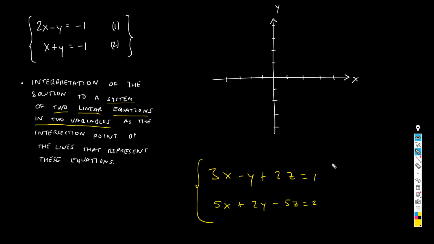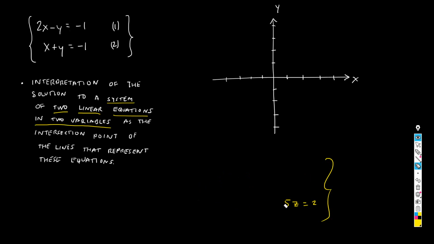So in here also we have a system of two equations, but in three variables, x, y, and z. And this is not what we are looking at. We're gonna restrict ourselves in this semester to this type of systems only. So you need to understand why they are called system of two linear equations in two variables. Even though the name is very long, that's what they are. And so we have to call them by the proper name.